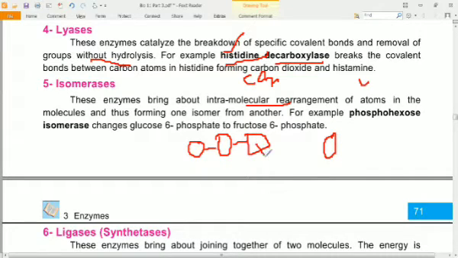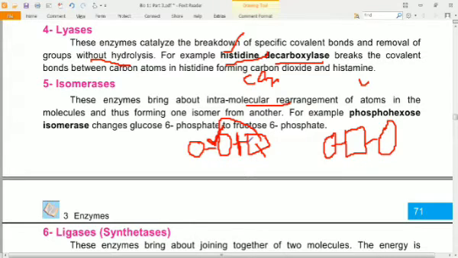This molecule can be broken at this covalent bond and arranged here, so it can have a structure like this. The molecules are rearranged into different forms.